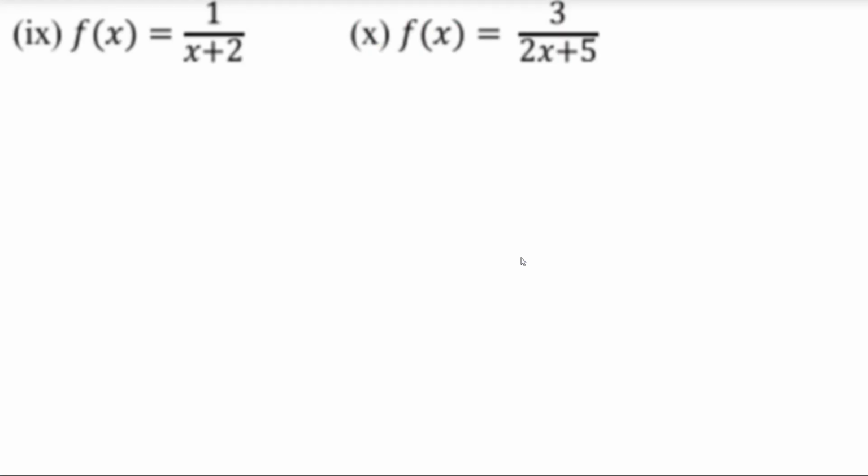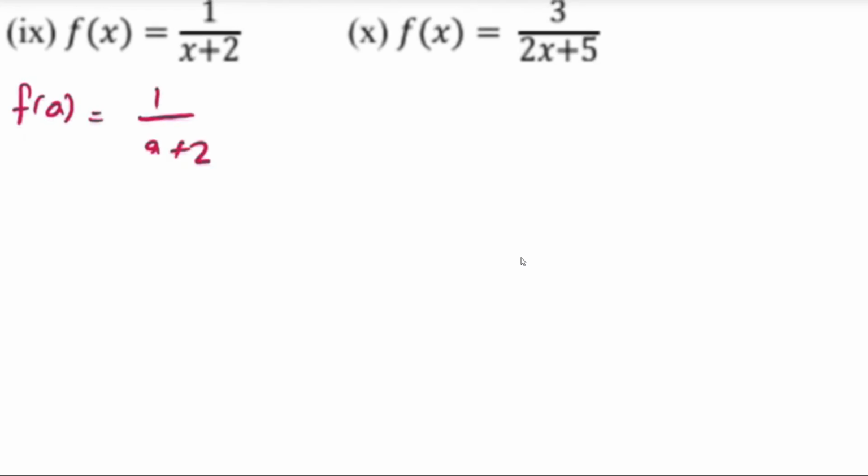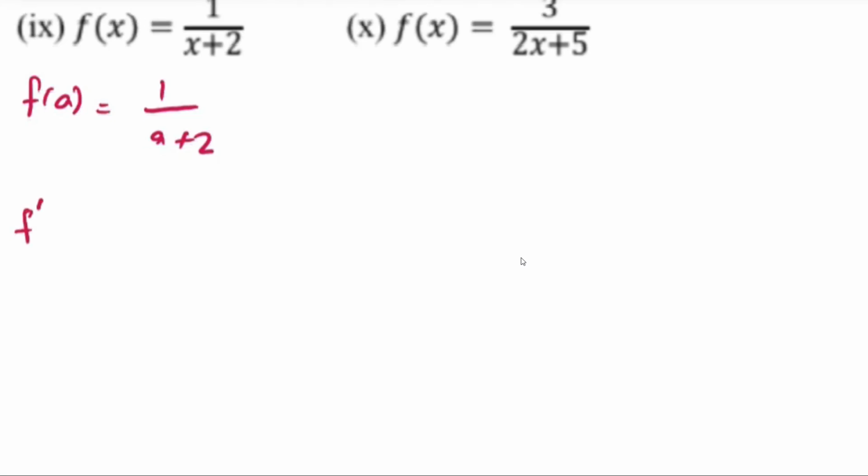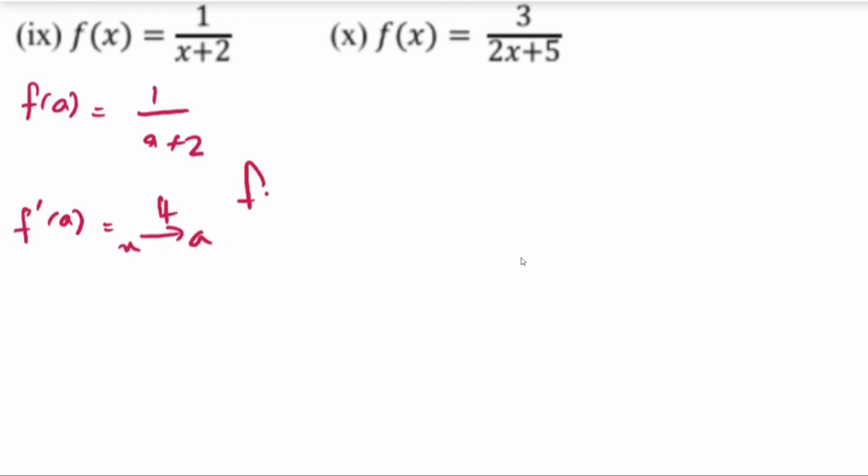Now its ninth part is f of x is equal to 1 upon x plus 2. So f of a is equal to 1 upon a plus 2, and the formula is f dash of a is equal to the limit as x approaches a of f of x minus f of a divided by x minus a.